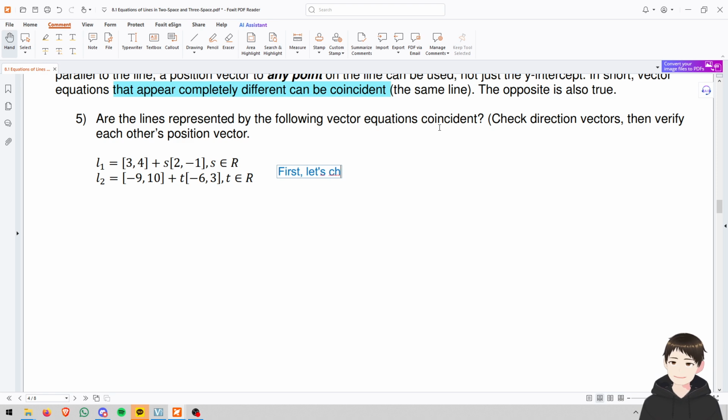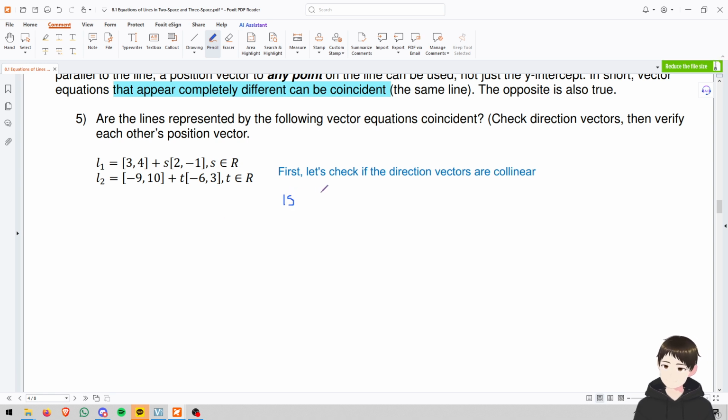First, let's check if the direction vectors are collinear, in other words, parallel. I don't care what the sizes are as long as they're in the right direction. So, is (2, -1) a scalar multiple of (-6, 3), where k, of course, is any real number?